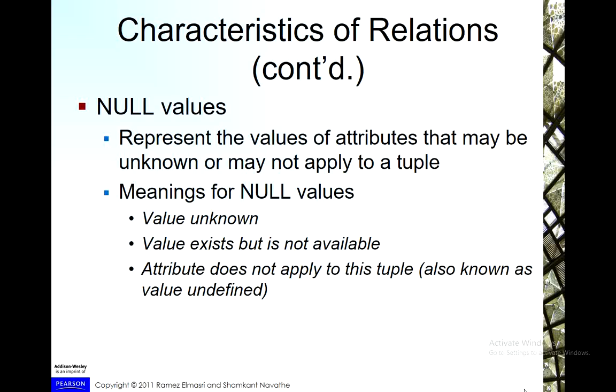Also, null values can be values of some attributes that might not be known at that time, or might not be available in the tuple.